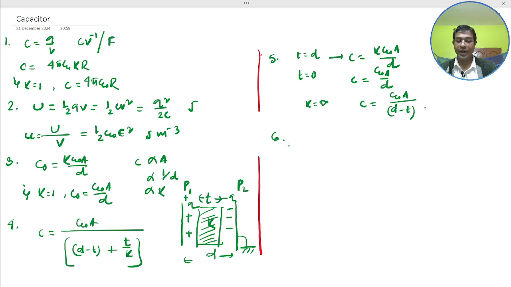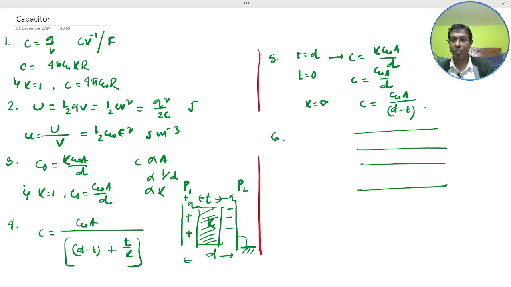K1, K2, K3 up to Kn dielectrics are placed with thicknesses T1, T2 and T3. Basically this is one plate, 2, 3, 4.